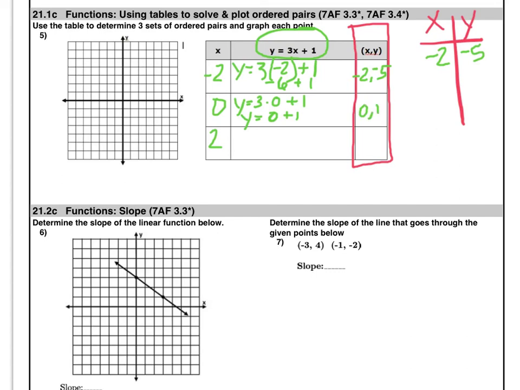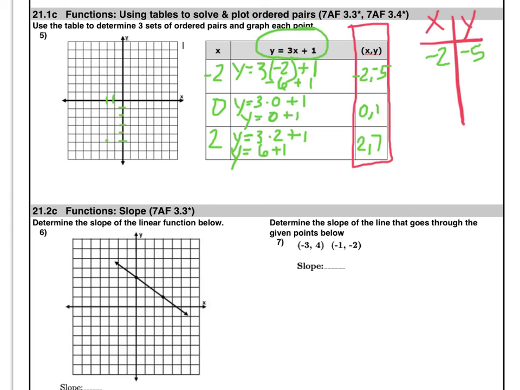And next I'm going to plug in a +2. So Y is equal to 3 times +2 plus 1. So Y is equal to 6 plus 1, which makes us 7. So when X is 2, Y is 7. And now I have 3 points that I can graph on my line. I have -2, -5. And it fits here.